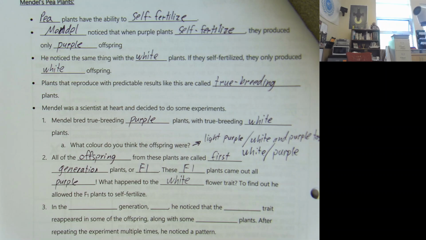So in an organism where purple and white show up together, the dominant physical expression was purple, but the white code is still there. It doesn't disappear, it just gets ignored because this one's louder.